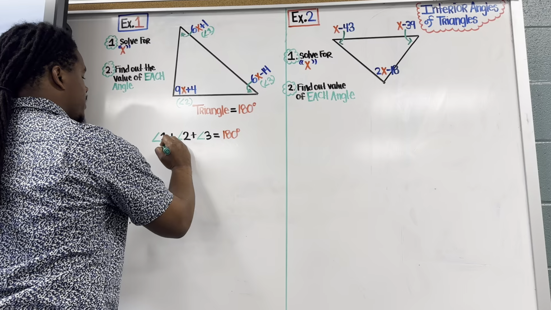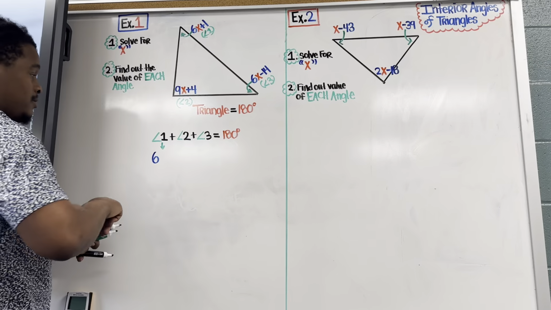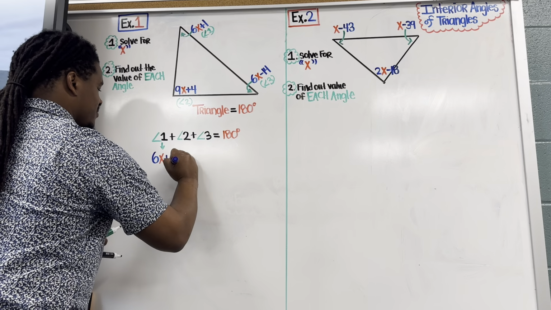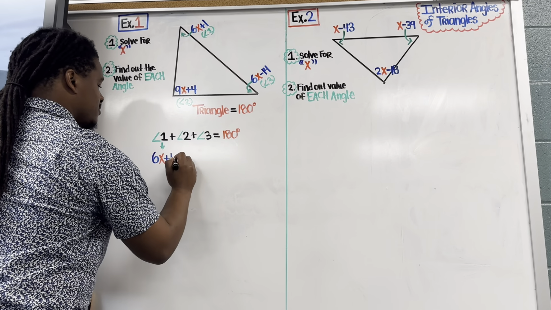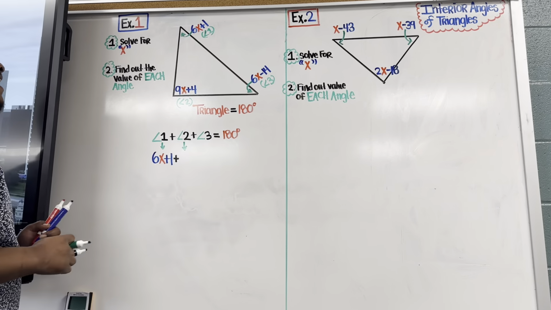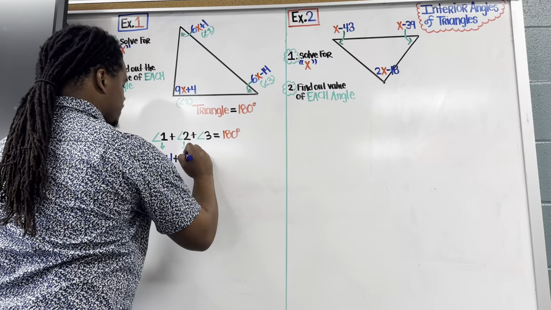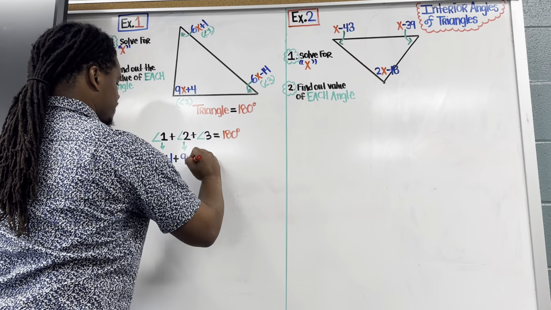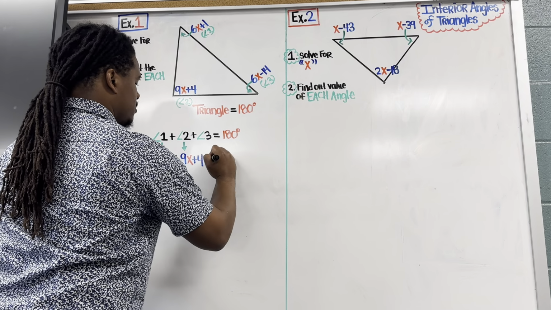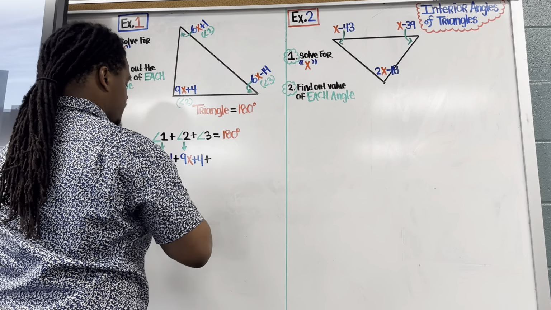So angle 1 has the expression 6x plus 1, plus angle 2, which has the expression 9x plus 4, plus the last angle, angle 3, which has an expression of 6x minus 14.